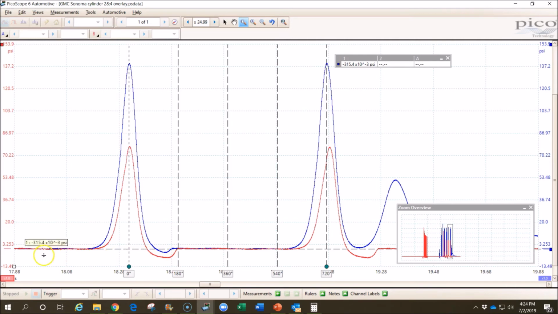And also, I want to look at the timing here. Let's see if we can get an indication of what could be causing this. There's the opening of the exhaust valve on the cylinder on the blue channel. It happened at 134.2 degrees. Now on the cylinder with the red channel, the exhaust valve didn't open until 148 degrees.